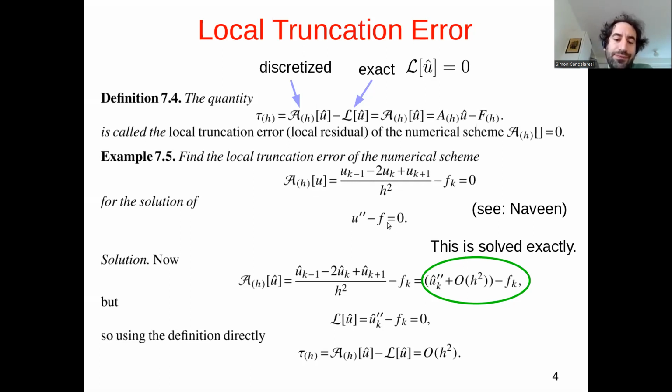If you go back to Naveen's excellent introduction on numerical discretization, you will see that this discretization is of second order, and you can show that, as Naveen also showed, by using the Taylor expansion. Then you see that your discretized problem has a different form. It's essentially the exact form you had before, plus some error term.